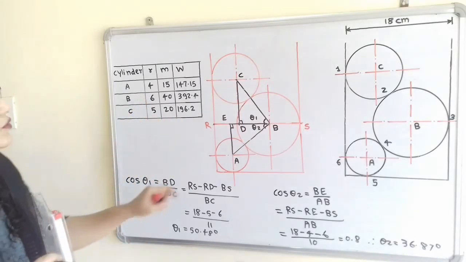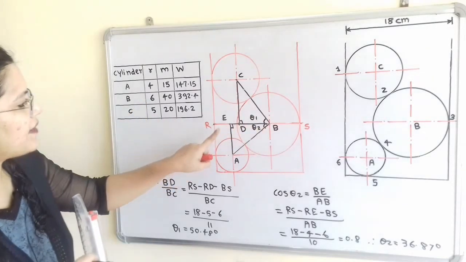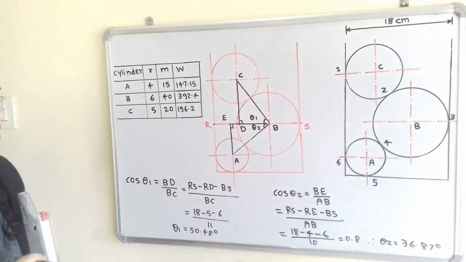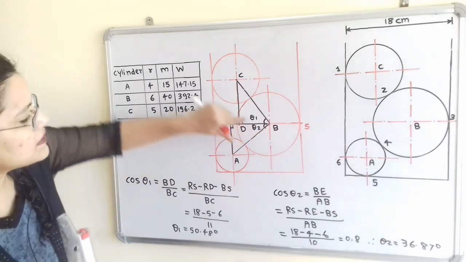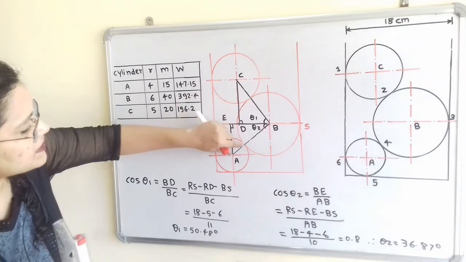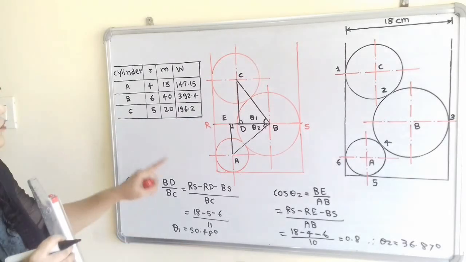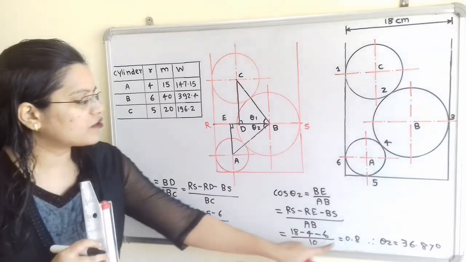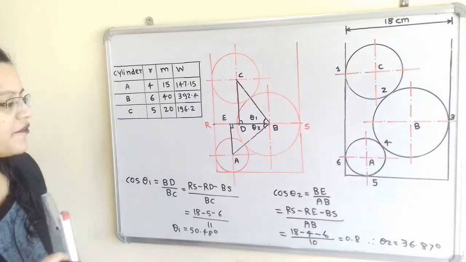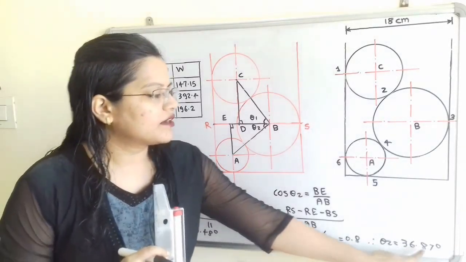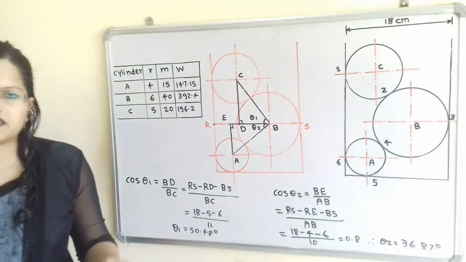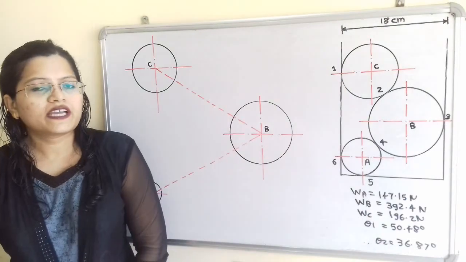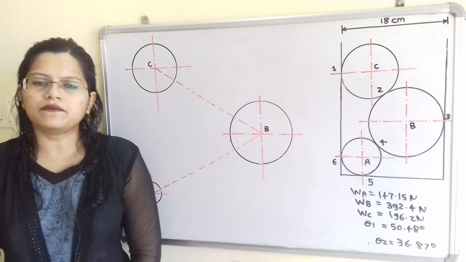So we have to use this, that is 18 minus 4 minus 6 divided by AB. So AB means radius of cylinder B plus radius of cylinder A. So B and A, that is 6 plus 4, that is 10. So when we calculate, we will get 0.8 and therefore theta 2 is equal to 36.87 degree.